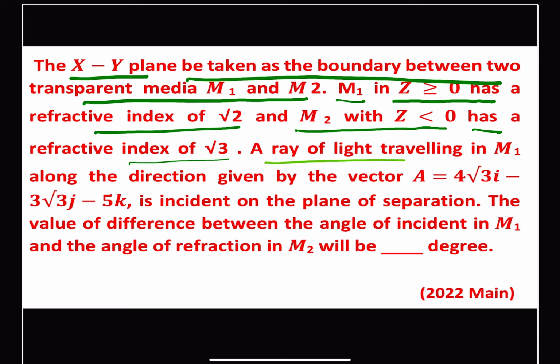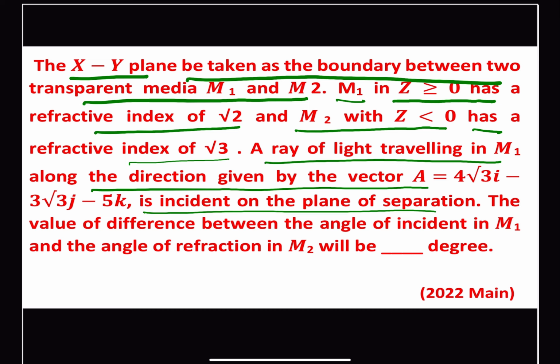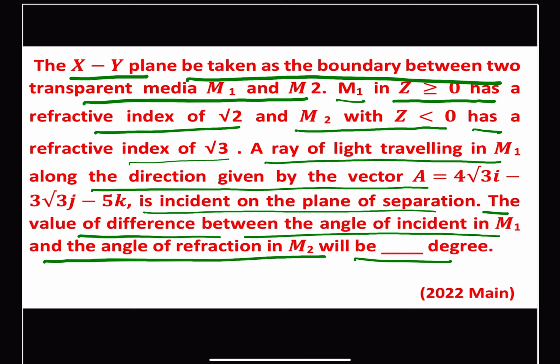A ray of light traveling in M1 along the direction given by the vector A is incident on the plane of separation. The value of the difference between the angle of incidence in M1 and the angle of refraction in M2 will be. So we have to find out the difference between the angle of incidence and the M2 refraction angle.